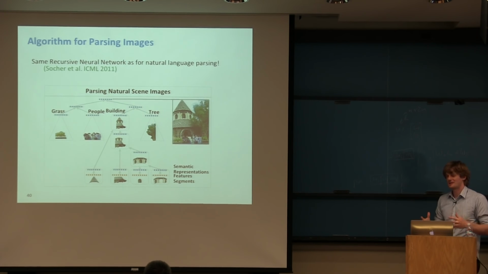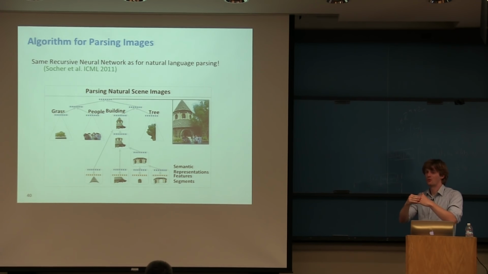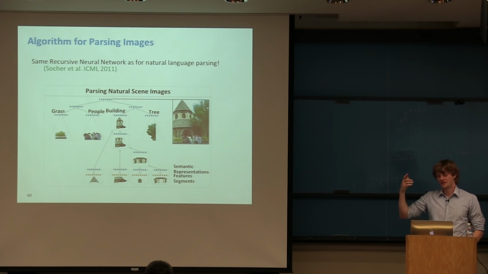The main difference is, instead of starting with word vectors for words, we start with feature vectors for little regions in images. There's some computer vision technology for how to compute those. But let's assume we have a vector representation that captures features of small image regions. Well, now we use that exact same neural network. We have a bunch of neighbors. Now it's not just the left word and the right word, but all the regions neighboring a certain other region in the image. We can compute scores for whether we should combine them or not.